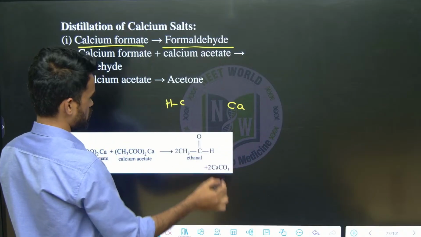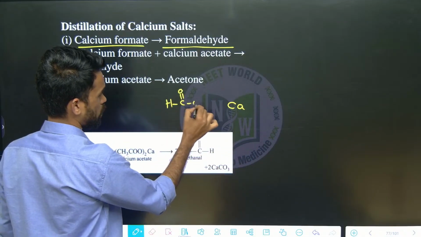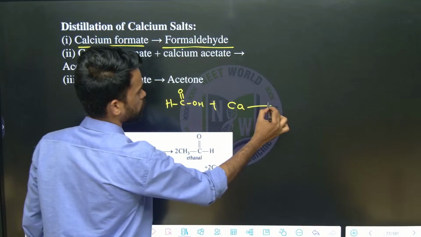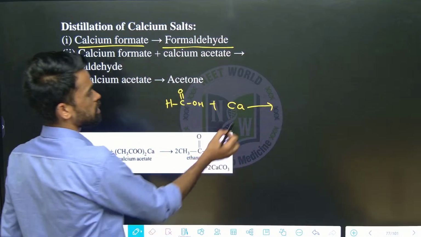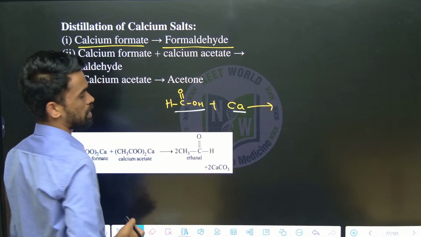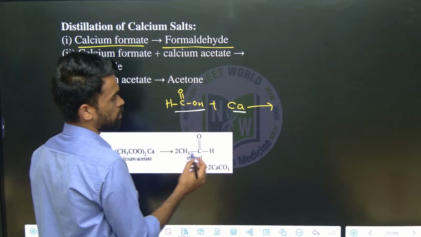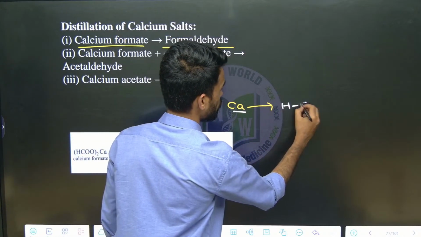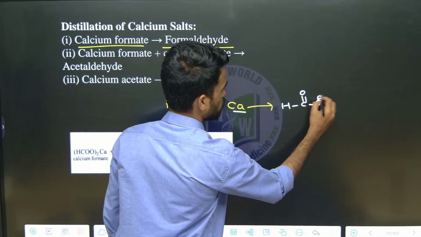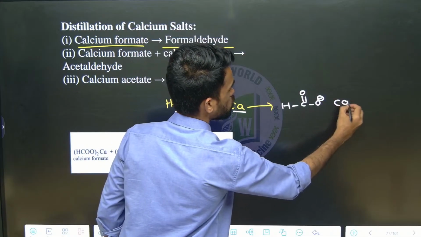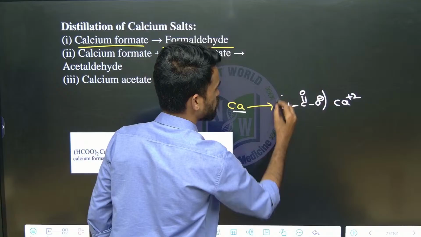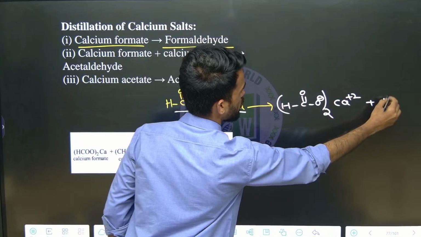for example, you just see here, we have formic acid, let us say, and calcium metal. So what will it do? See, calcium is divalent, but formate is monovalent, only a -1 charge is there. But calcium is +2. So in order to balance this, we require 2 formate ions and hydrogen gas you can write.